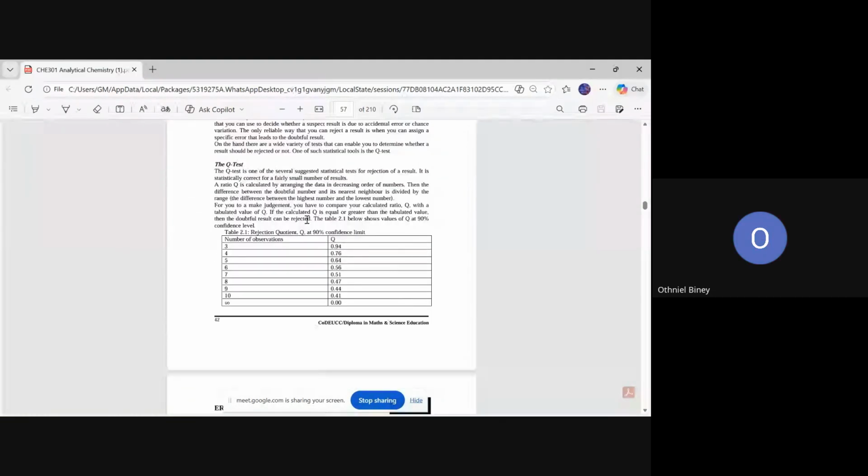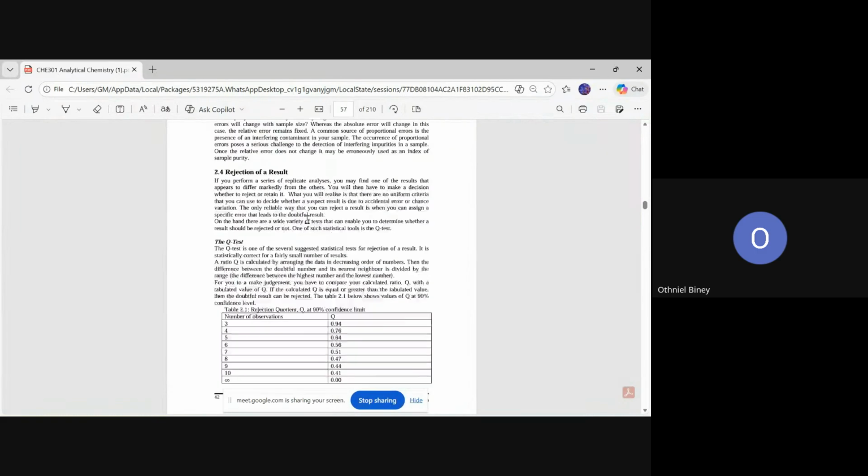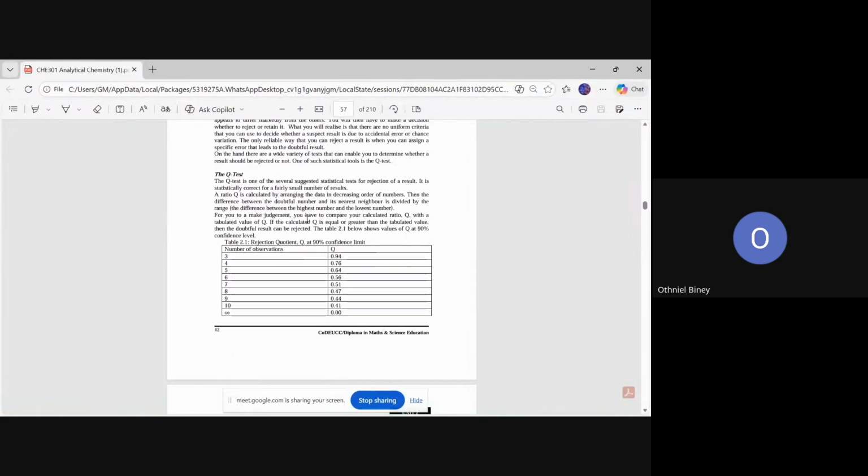Okay, so let me just chip in. This is more or less straightforward. Basically, as you know, precision or accuracy is more or less how close numbers are to each other when you are doing a series of calculations or an experiment.